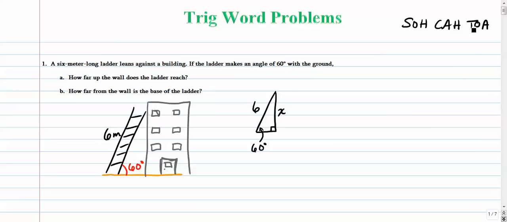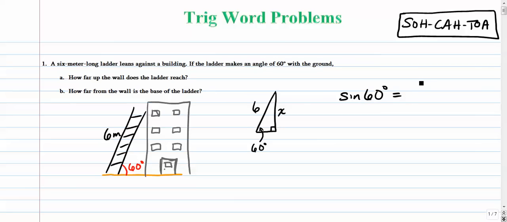As I told you, it might be a good idea to write this mnemonic device at the top of every paper, whether it's a quiz, notes, a test, or an exit slip. So the sine of the angle is equal to opposite over hypotenuse. Alright, and then the number in the denominator, we simply multiply: 6 sine 60 to get our answer.